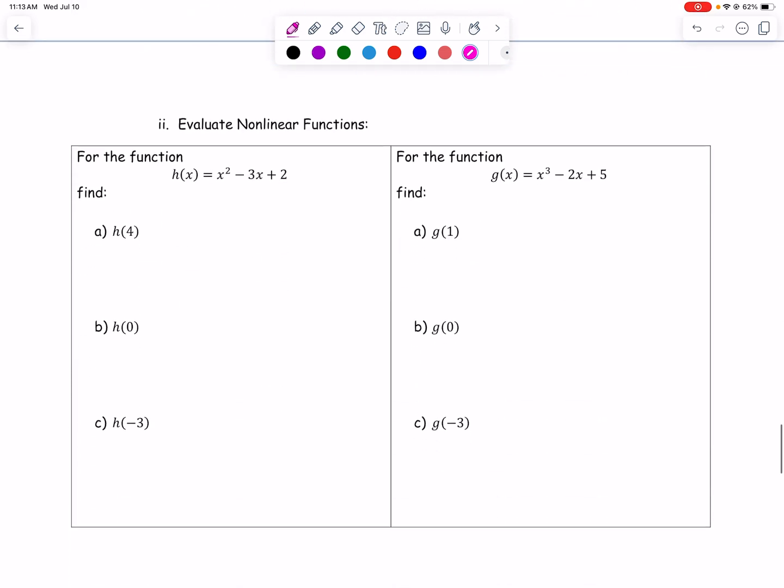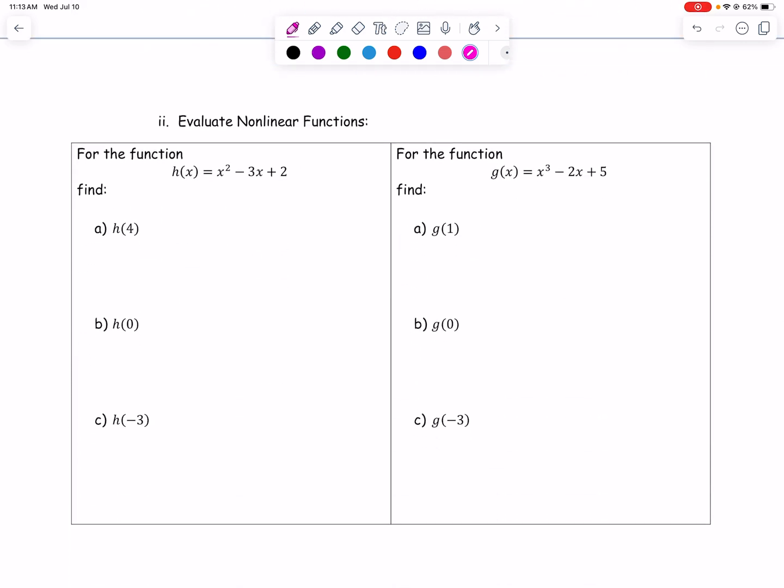All right, so we can do the same thing for nonlinear functions. And remember, nonlinear functions just mean that it's not a line. And so you will learn that a quadratic equation looks like what we call a parabola. And a cubic function looks like kind of an S, is what we're looking at, okay? So we're going to just do the same thing. We just have to replace our input value.